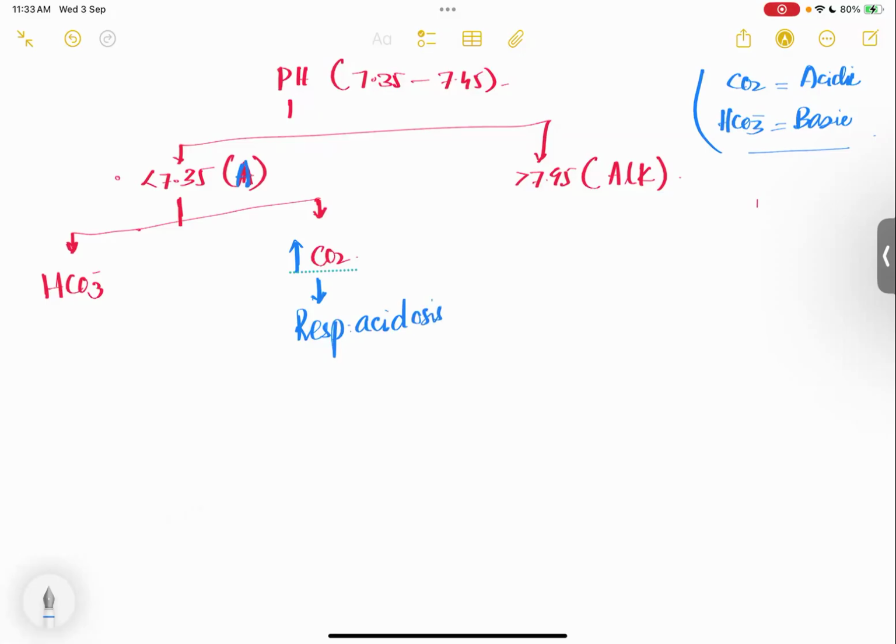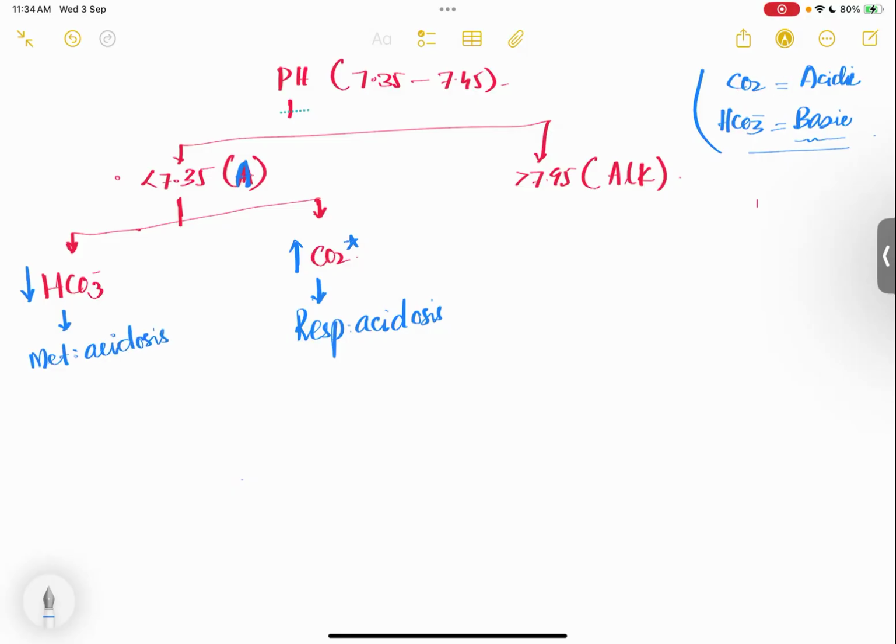Whenever you look into the questions, from looking into carbon dioxide, you will say it is respiratory. And bicarbonate is basic, right? So what will happen to the bicarbonate in acidosis? It will decrease. What will we call it? Metabolic acidosis.